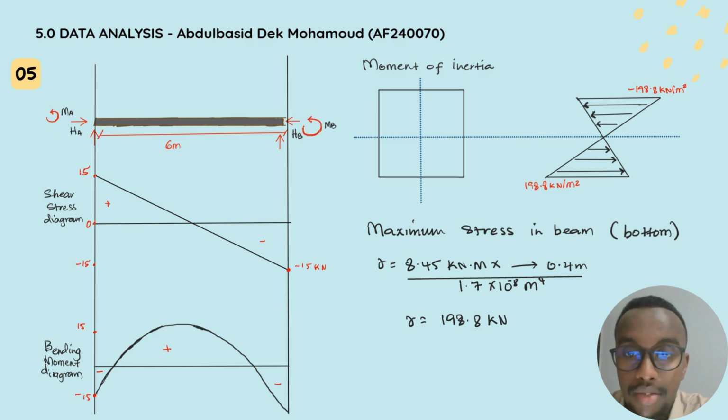So here's my shear force diagram and also my bending moment diagram, which gives the maximum stress at the beam bottom as 198.8 kilonewton.